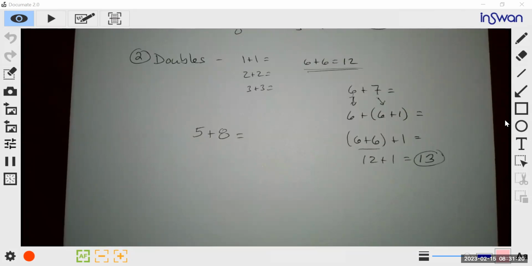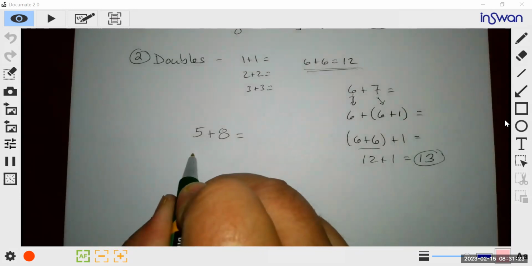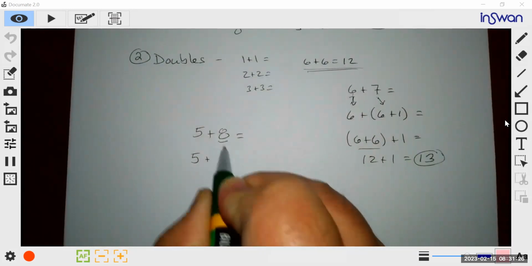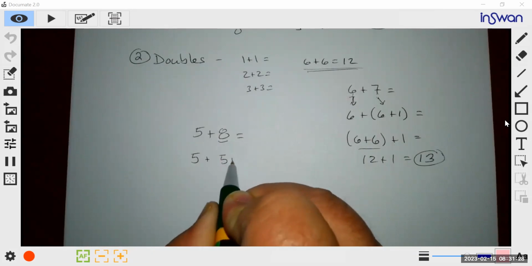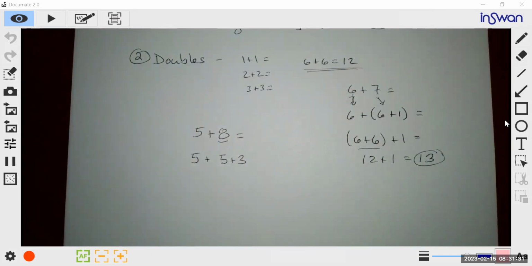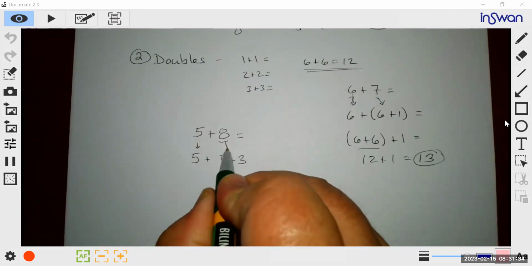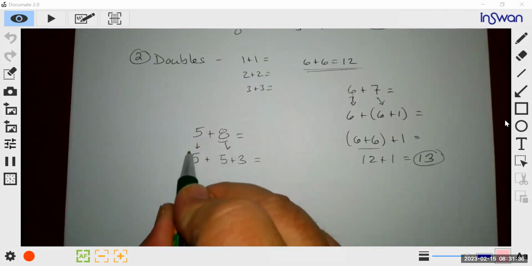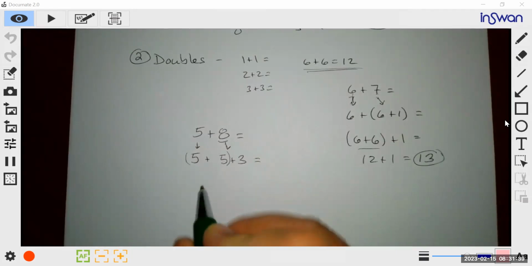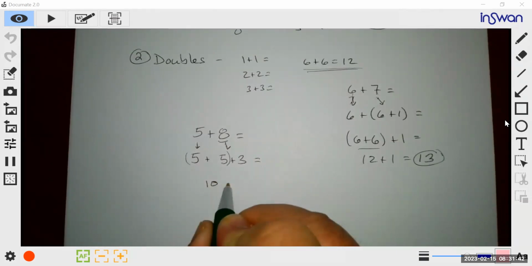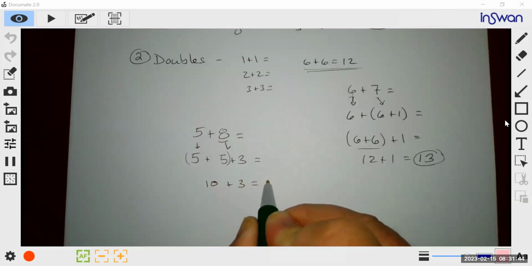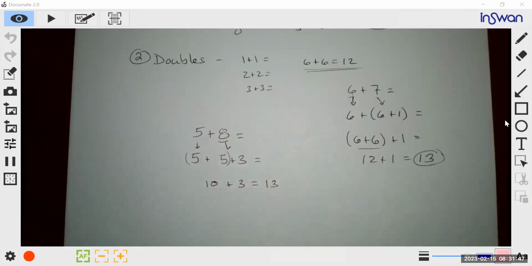So what number are we going to pair up here? 8 is made up of what? 5 plus 3. So we do the 5. What is 5 plus 5? And then 10 plus 3 is 13. So you pair off with the smaller number.